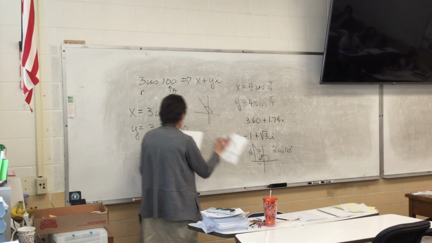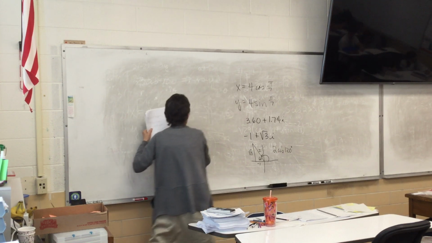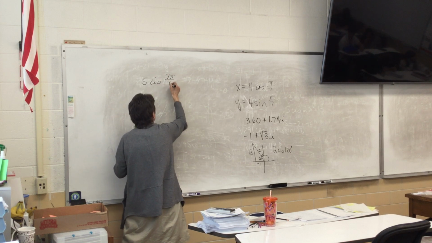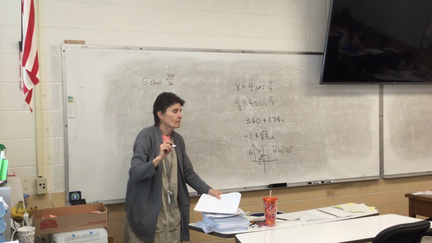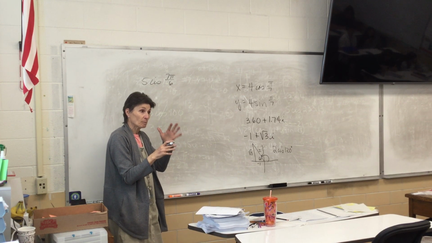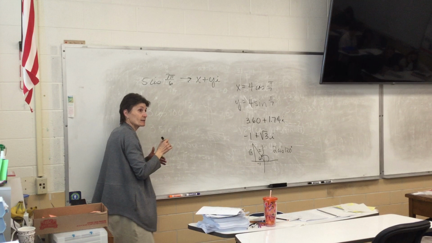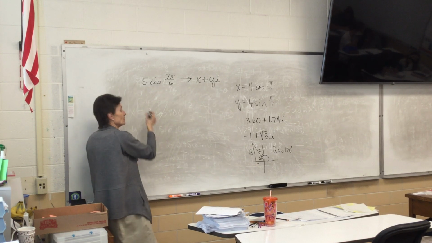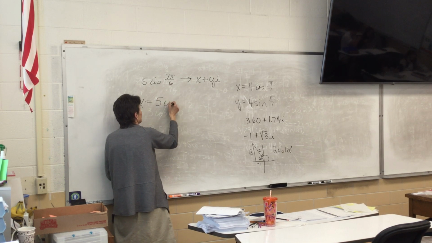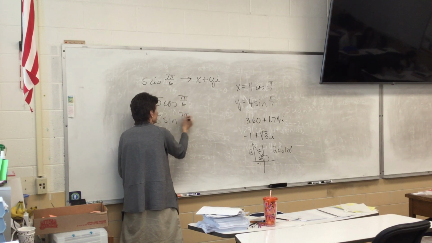No calculator. Convert to complex form. What's complex form again? What does that look like? Complex form is x plus yi. So I need to find x and y. And how do I do that? X equals r cosine theta, and y equals r sine theta.